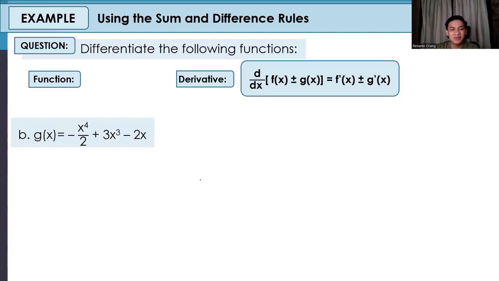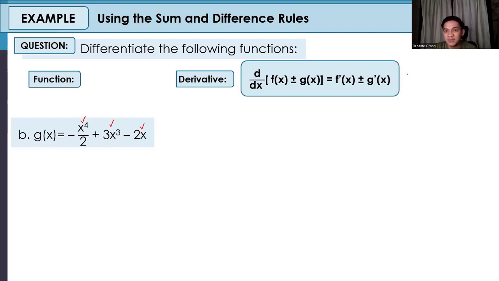So, for our letter B, we have g of x is equivalent to negative x raised to 4 over 2 plus 3x cubed minus 2x. So, again, if we have sum and difference rule, we just need to differentiate them individually. So, ang gagamitin natin dito kay number 1, number 2, and number 3 is all constant multiple rule.